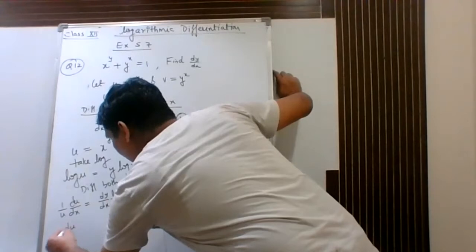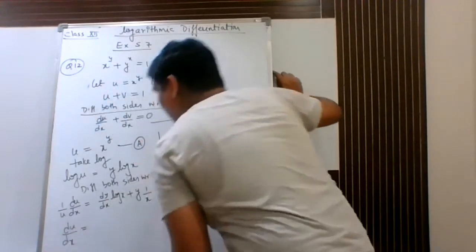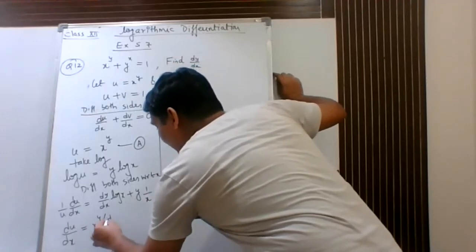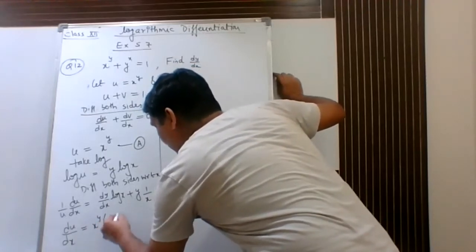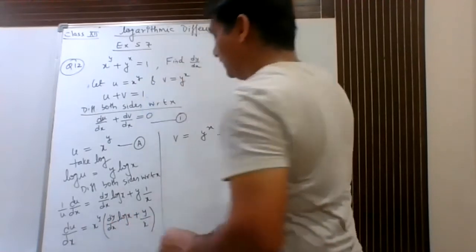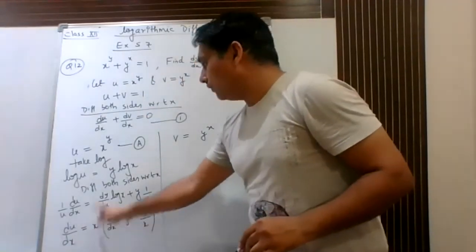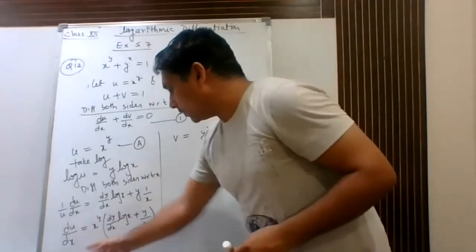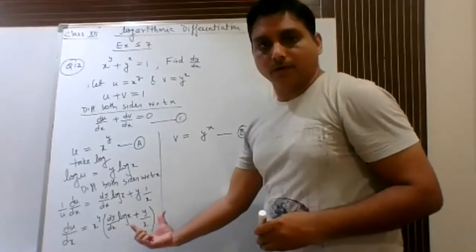So this is what you will get finally. x to the power y into, so I had just shifted this u on the other side and just substituted the value of u from number a. So this is how you will get du upon dx. Now this is the value of du upon dx.